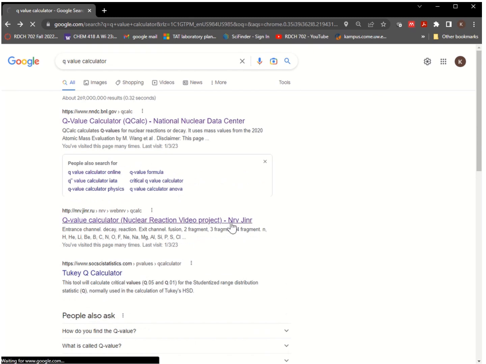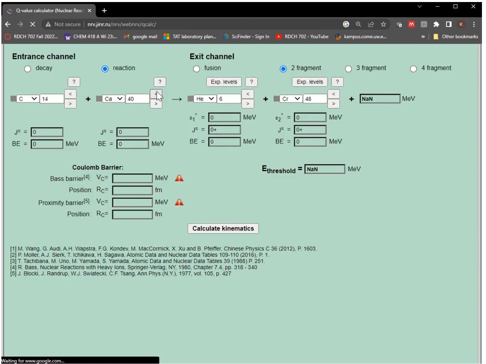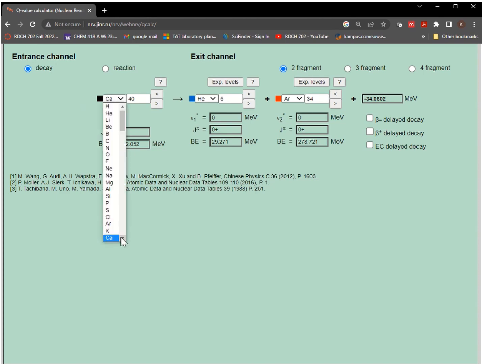The site from Russia is similar. It has a database. You can discuss decays. So we can start with our bismuth-212 decay. Let's just make it go to an alpha particle, thallium-208, and we get the Q value. We can do a reaction.